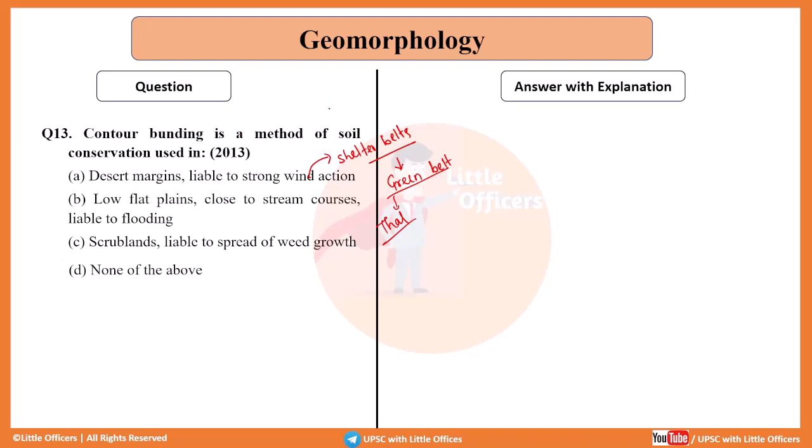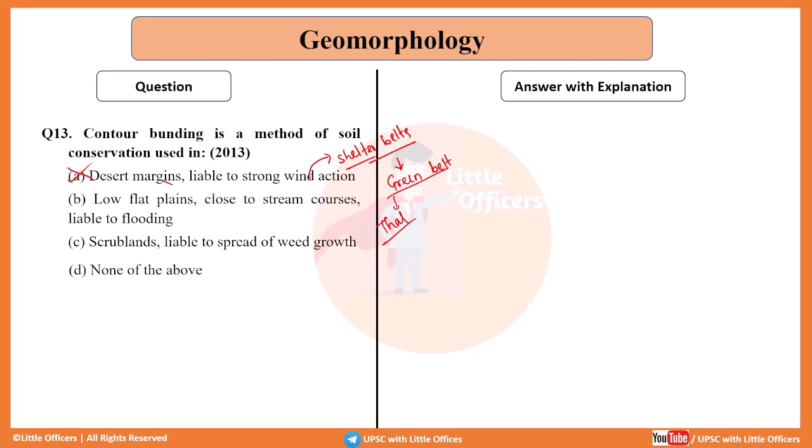Okay, so these kind of methods are generally used in the desert margins and coastal locations, etc. So obviously this is not the proper location for contour bunding. Then low flat plains close to stream courses liable to flooding.